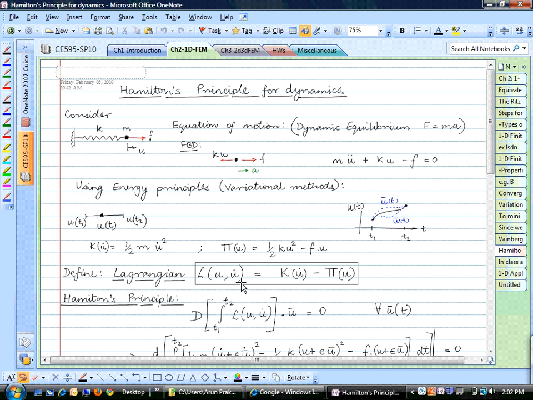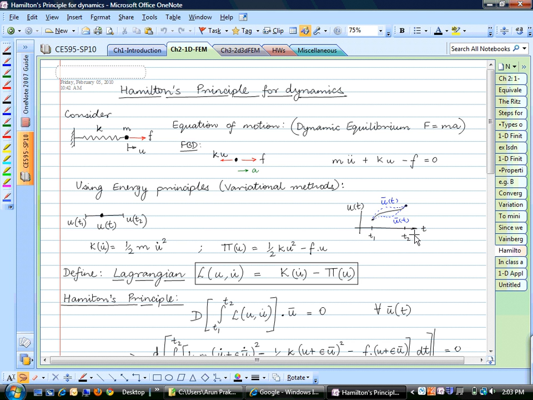So we are going to define this new quantity, kinetic energy minus the potential energy. And what Hamilton's principle says is that, now consider this particle u at time t1 and at time t2. From time t1 to t2, it is going to move, let's say, from this location to this location. This is an axis t.